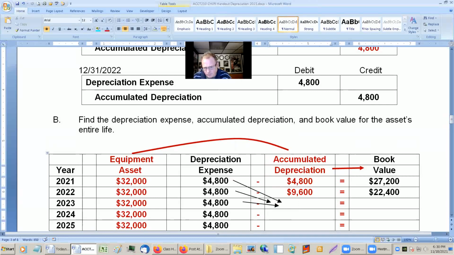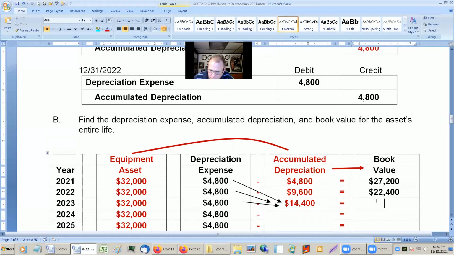So it's going to be 4,800 times 3? Yep, 14,400. So 32,000 minus 14,400 equals some number.